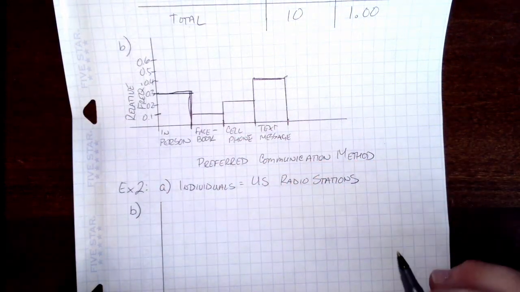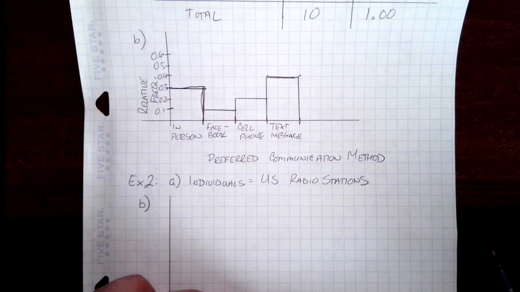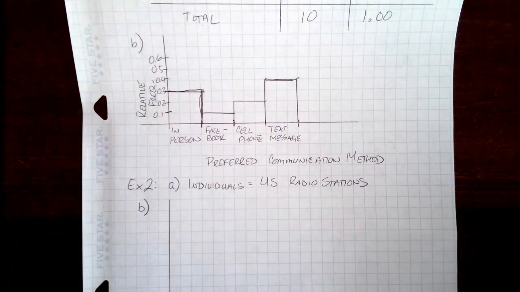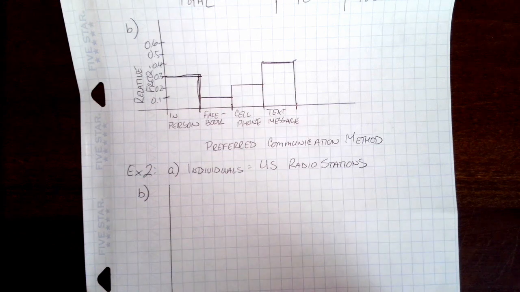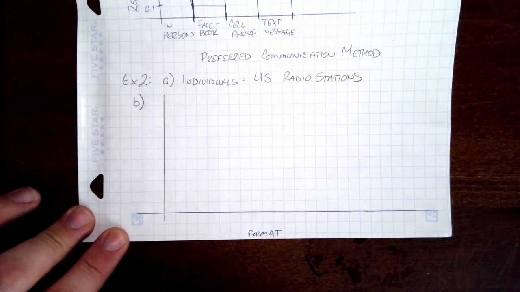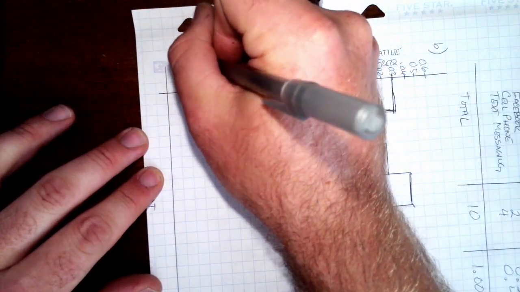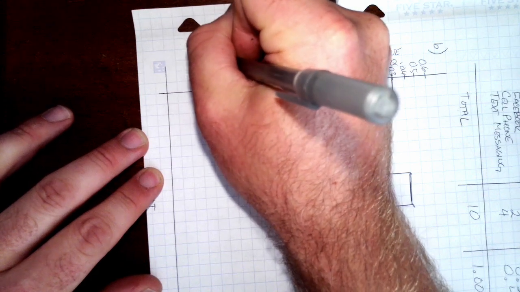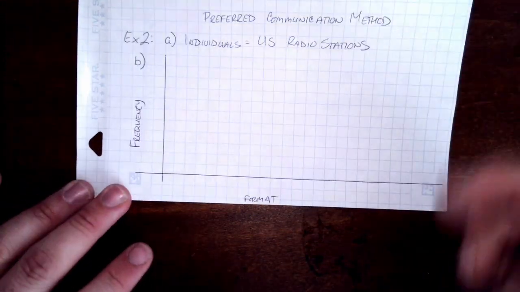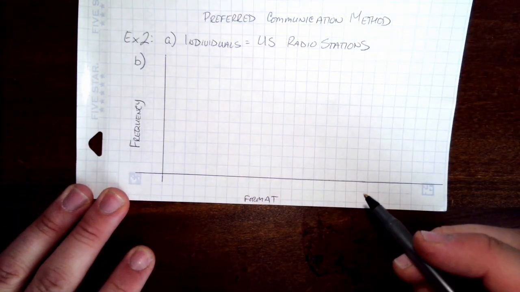And we have a bunch of formats that we're looking at. So we have our format down there. We're going to have our regular old frequency here. And again, we need to go up to around 4,800.